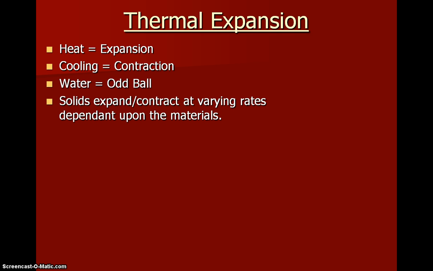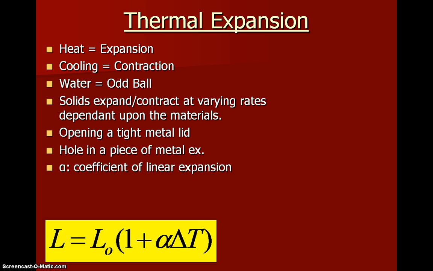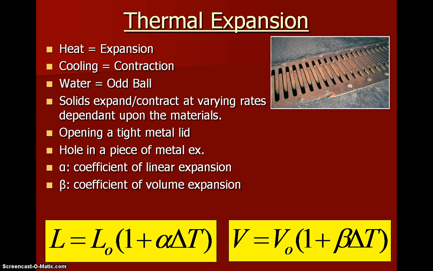So what determines how much a substance will expand? Well, we can actually calculate it, and it has to do with a constant called the coefficient of linear expansion, or we can look at it in terms of volume and look at the volumetric expansion. Down here we have the equations.